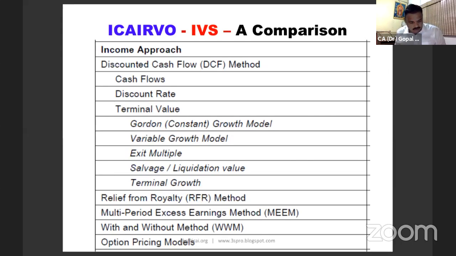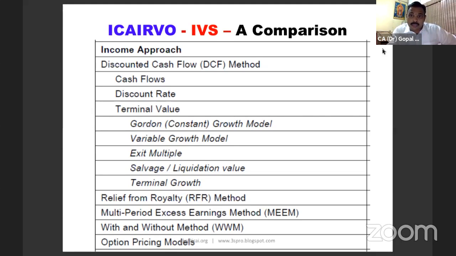I'll say the income approach is very, very interesting. Why? Because they discuss more about discounted cash flows, and this is the ICA RVO approach with respect to the income approach. So they speak about cash flows, discount rate, terminal value. They speak about the Gordon growth model, variable growth model, exit multiple, liquidation value, terminal value, all this they discuss.